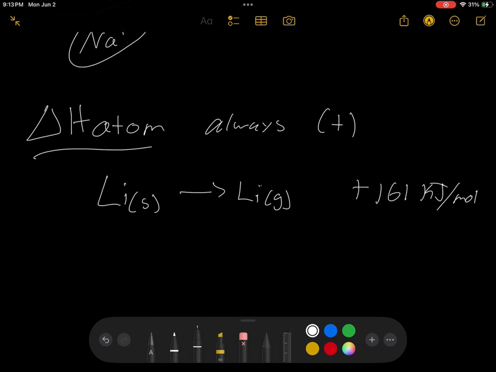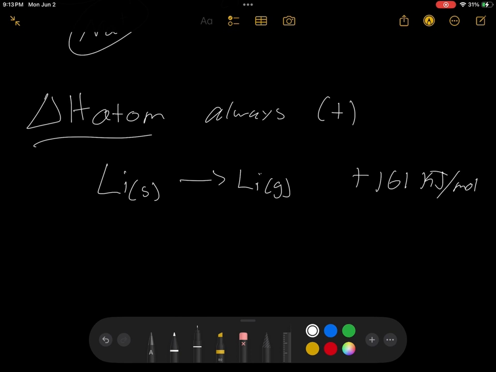So the actual definition for this, let me see if I can get it in the book so I don't lie to you guys. Where is it? Sorry, I'm pirating this book from the internet, and I don't think it has the definitions.